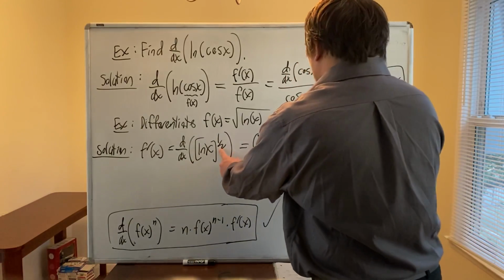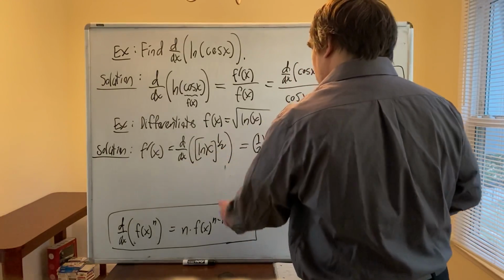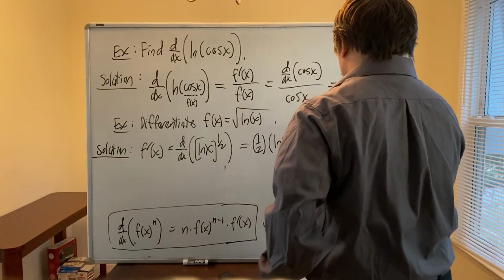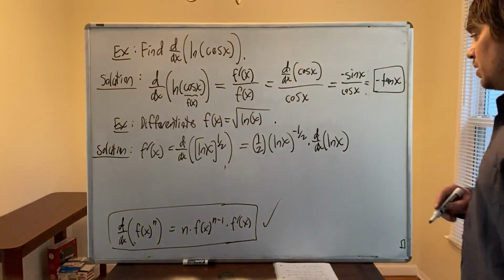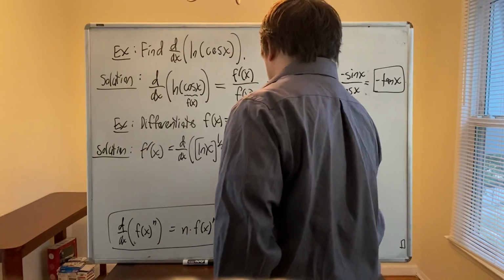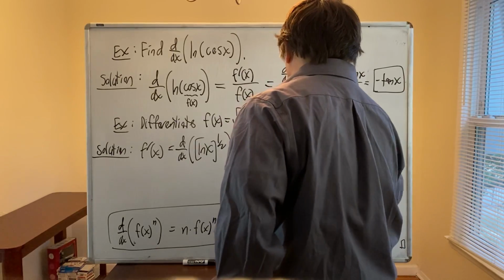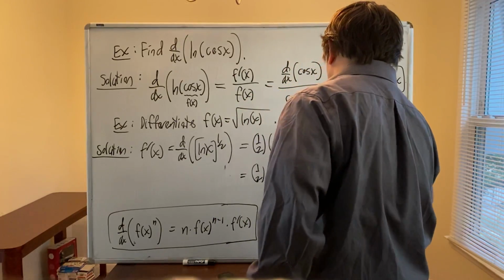So 1/2 minus 1 is negative 1/2, times the derivative of ln x. And the derivative of ln of x is 1 over x. So this is 1/2 times ln x to the negative 1/2 power times 1 over x.